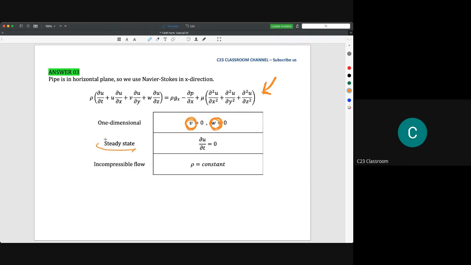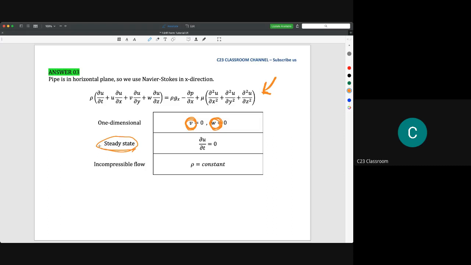So again, because normally we are discussing about the steady state, the opposite of steady state might be quasi-steady flow, means the flow is not steady, or we could say that it is unsteady flow. So normally we are discussing about the steady flow.